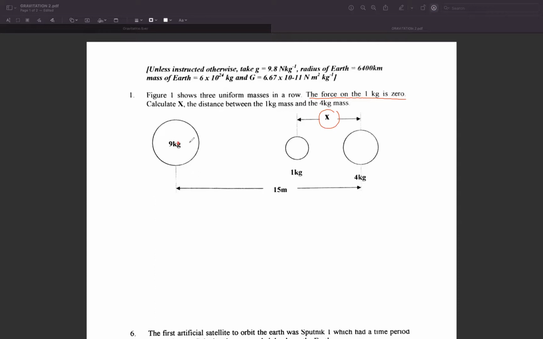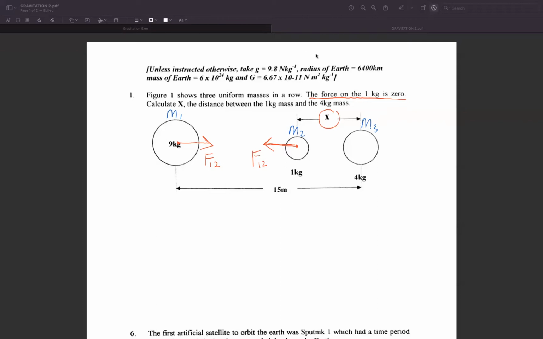我们有 gravitational force like this. Let's call this F12. Okay, we call the 9 kg as our mass 1, M1, the 1 kg M2, and the 4 kg M3. So this force is F12.